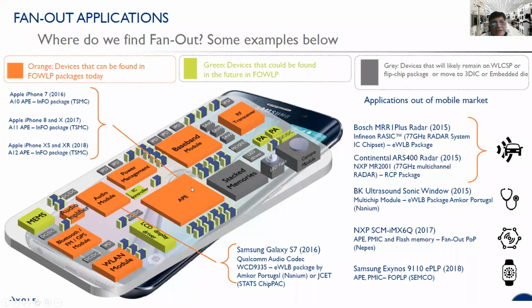Then you have all these other chips that have been pointed out, and the green devices, they say, are what are going to be in the future, and the gray ones will likely remain with chip scale packaging, and move to 3D IC or embedded die in future.